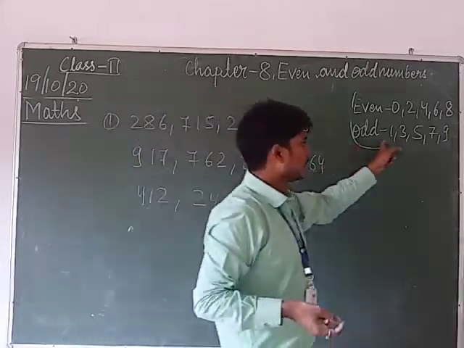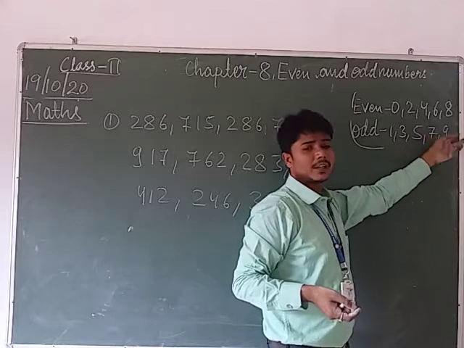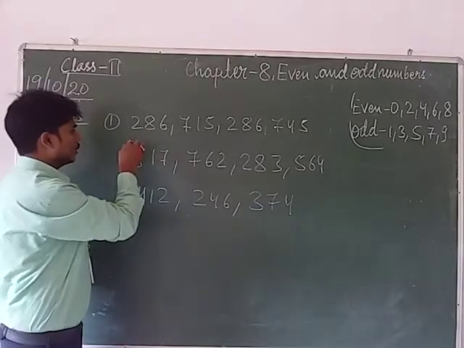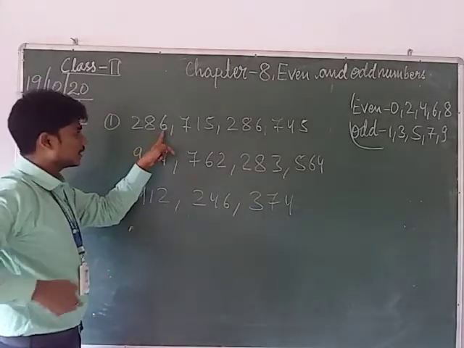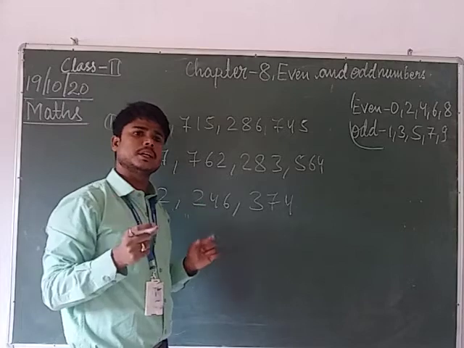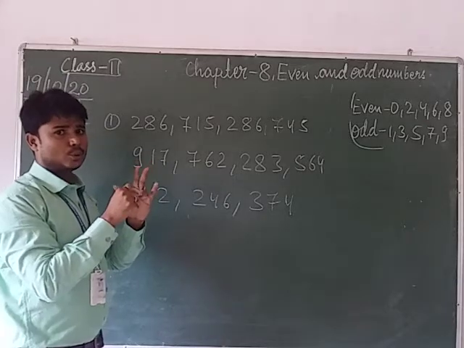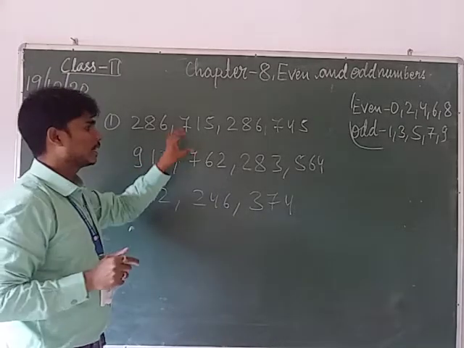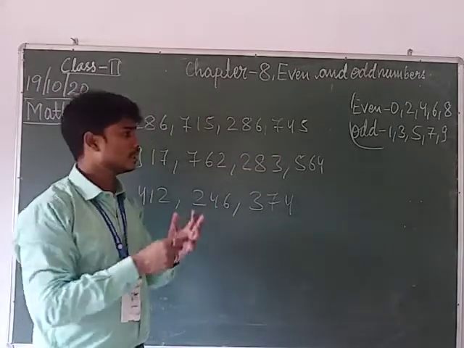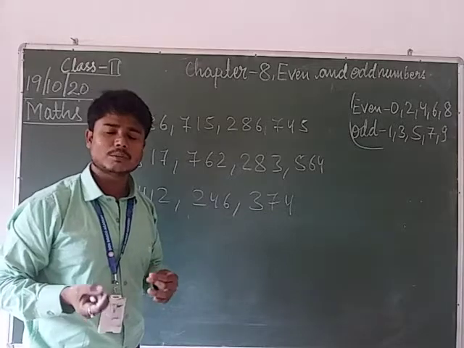And if the number ends with 1 or 3 or 5 or 7 or 9, that number is called an odd number.